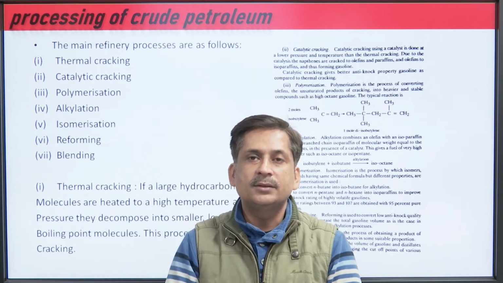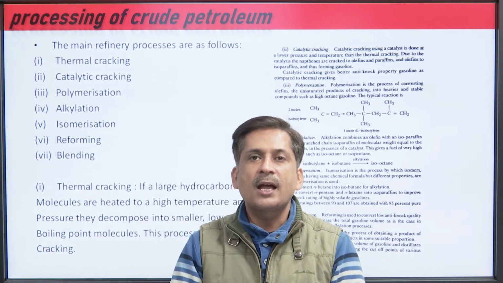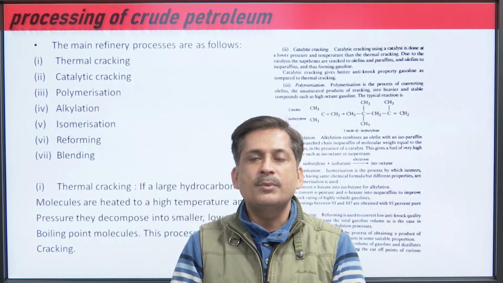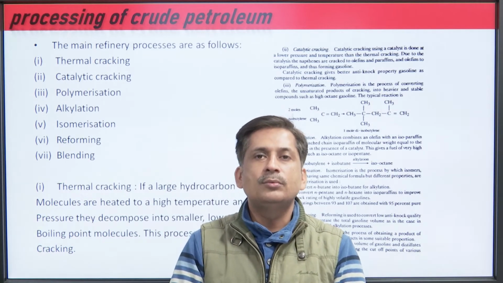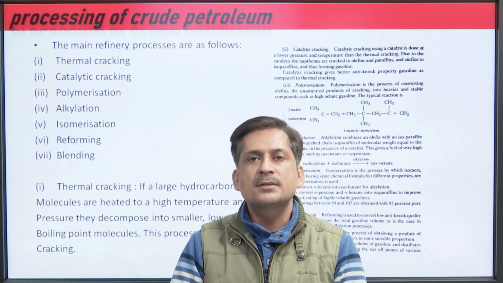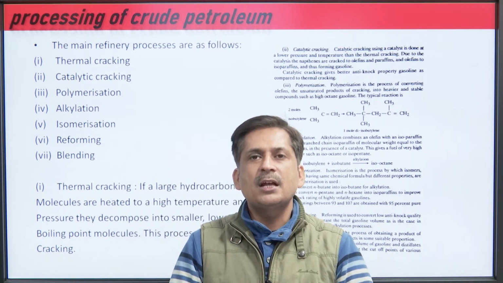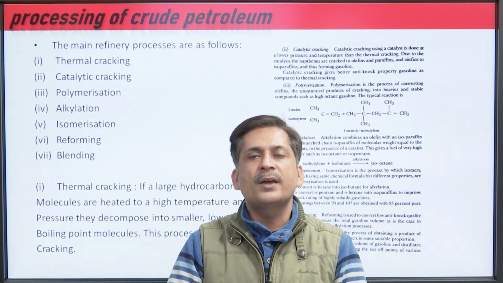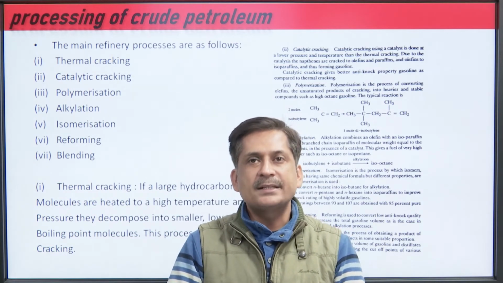Because we know that our aim is to have a higher combustion quality. If we break into normal paraffins, long chain compounds, then the combustion quality is somewhat inferior. So, with the help of catalyst we are able to break the heavier molecules into paraffins in iso form, because isoparaffins have more knock resistance.